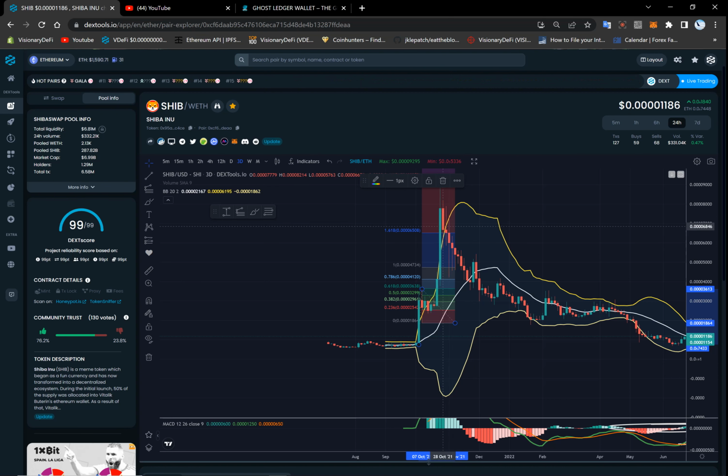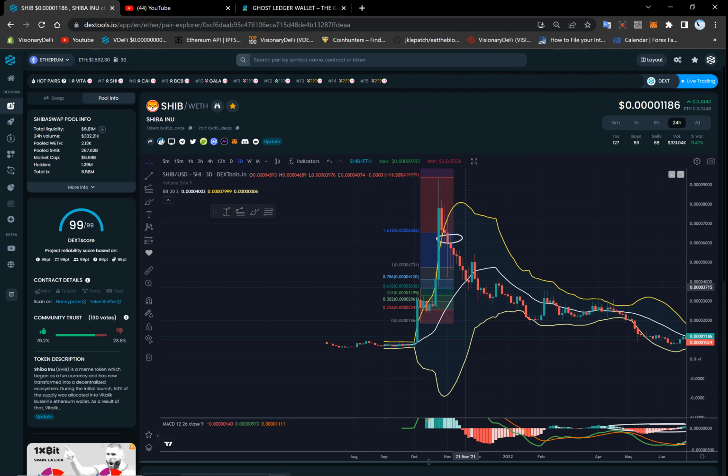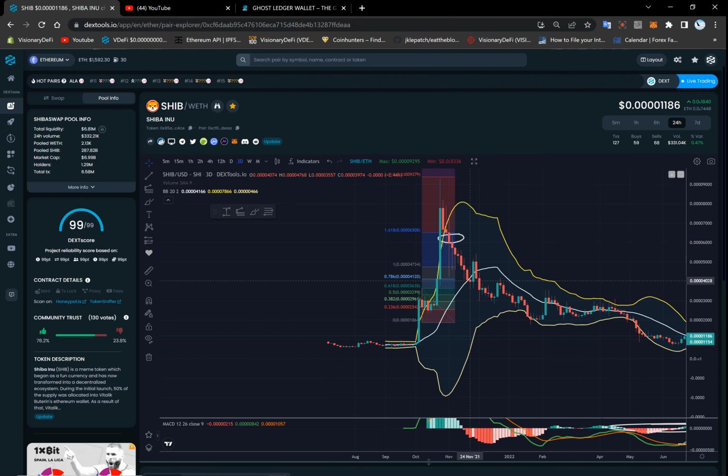But if you would have gotten out of the blue box around this area, you would have been fine, and then you would have just waited until price came back around here. You probably would have gotten in back here, but you would have put your indicators in, and as soon as you see price is rejecting again, you would have gotten out and waited until price came all the way back down here and gotten back in again.